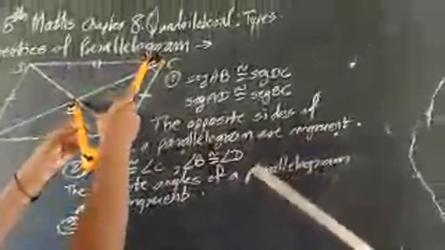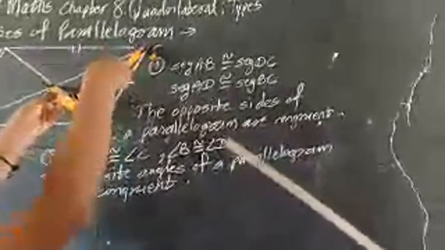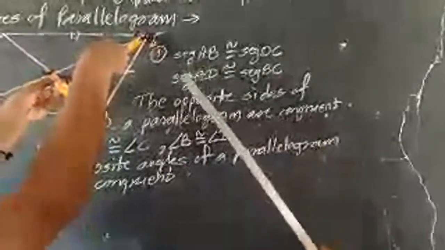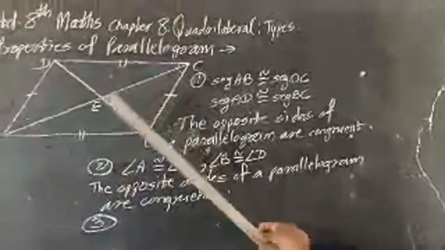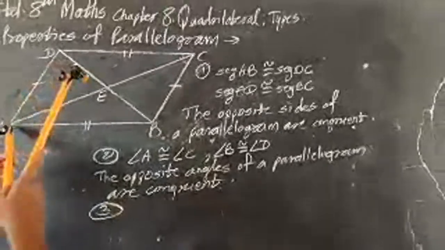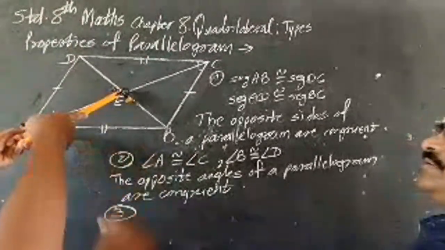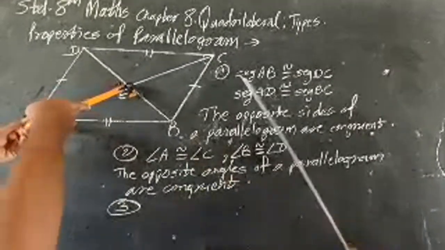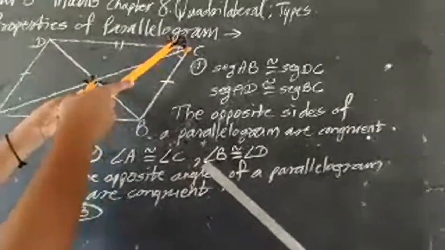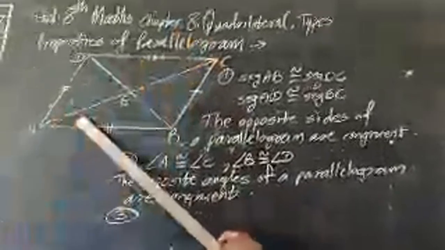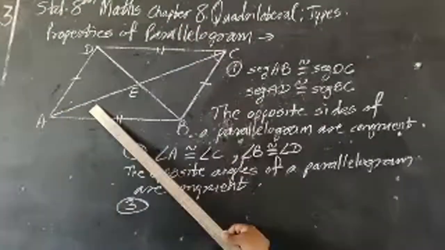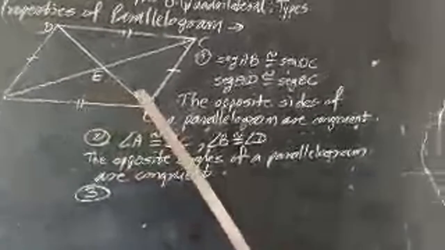Both lengths, length AE and length EC, show here. And this length also. These two lengths are the same.